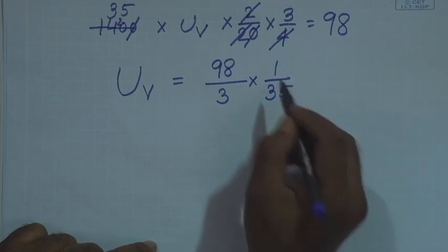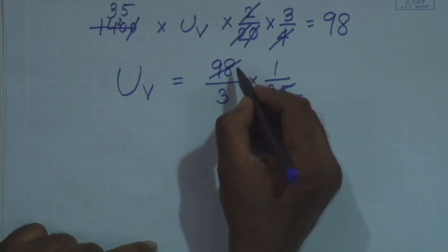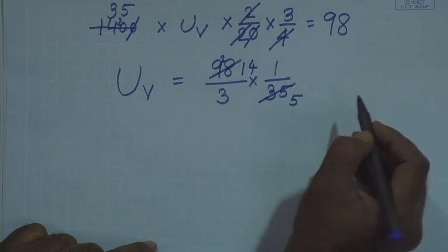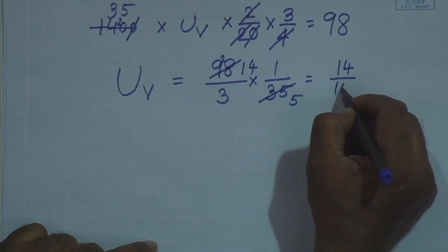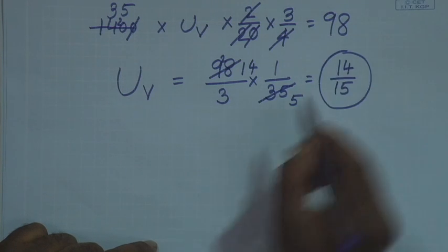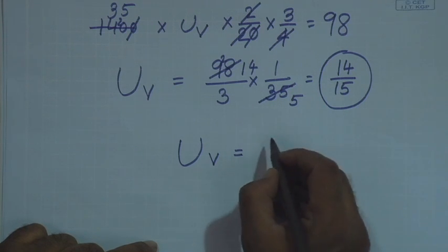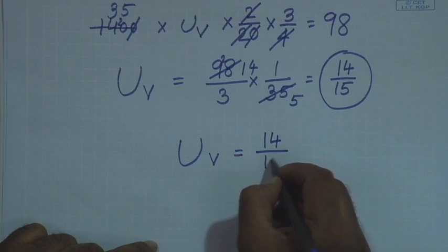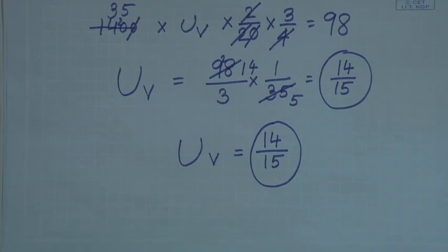I think 7 will cancel, so that we have a 5 here, and what do we have here? 1, 2, 4, 14. So, it comes out to be 14/15. So, answer is uv equal to 14/15. That is it. This is the answer.